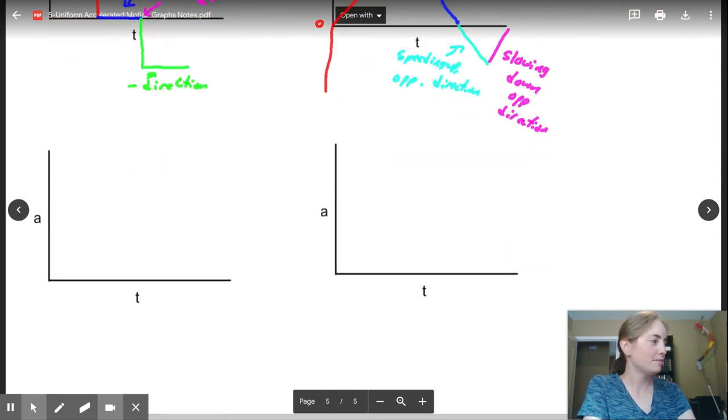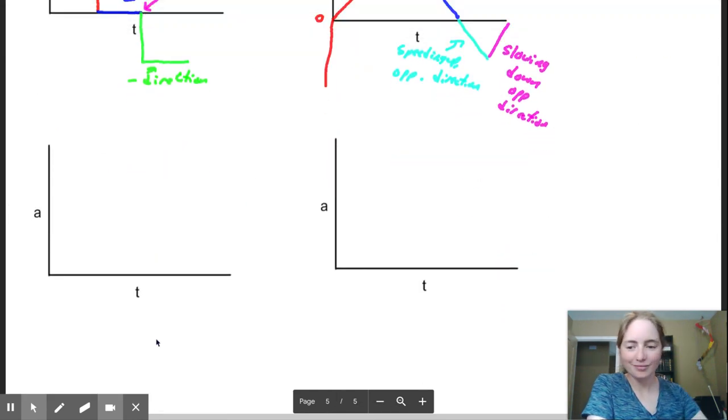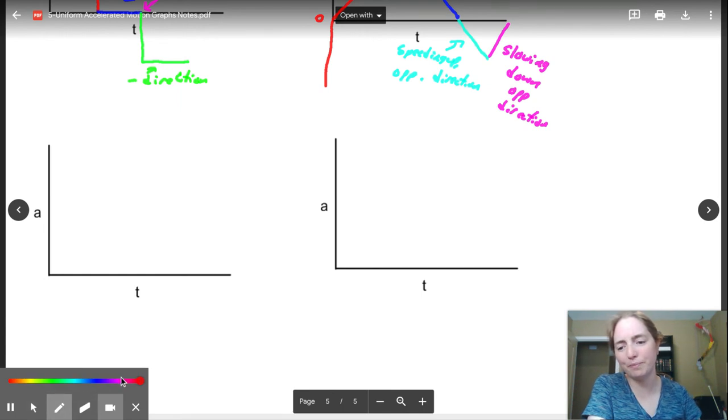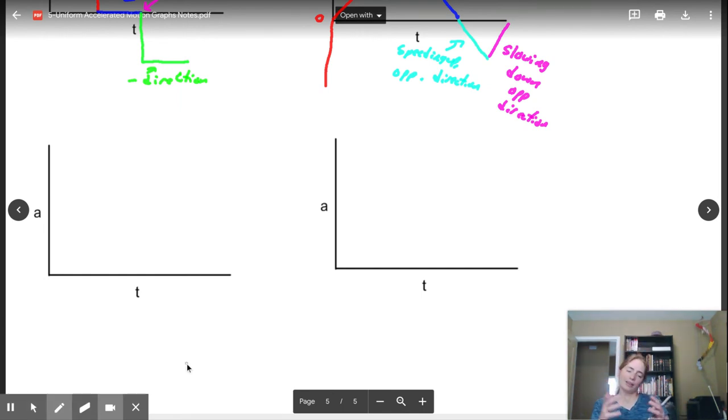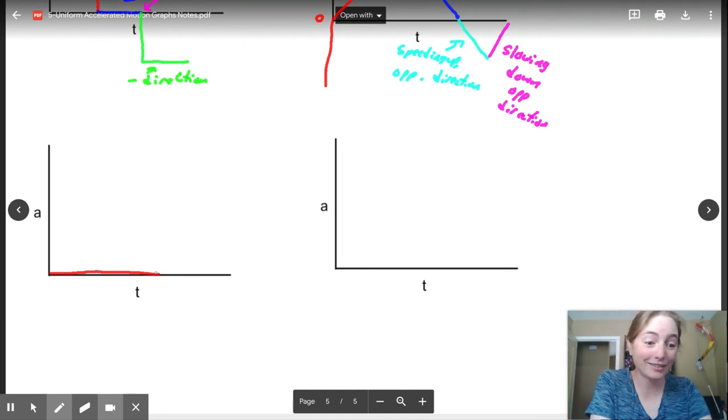And then, ladies and gentlemen, this one for uniform motion. Acceleration time graphs. What would uniform motion look like? Flat line. Where? On zero. If you're not accelerating, you've got zero acceleration. If you're moving at 5 meters per second, your acceleration is zero.